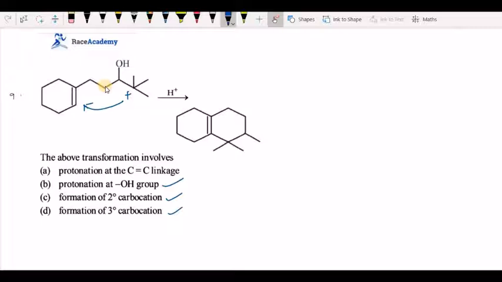In this we have 1, 2, 3, 4, 5, 6, 7 carbons. Here also the same thing: this will be inverted, and this bond goes in this direction. One methyl group will be shifted, and that methyl group will be present at the fourth position in this ring. Okay, this position.